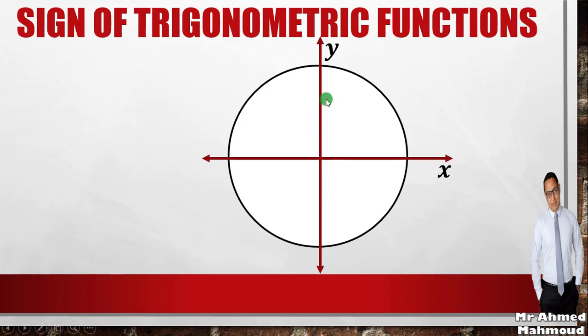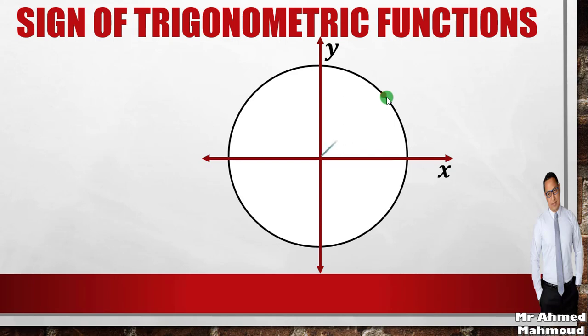The unit circle, as we studied before, is the circle from which we are going to conclude most of the rules of trigonometry. Now if we have a point here, this point belongs to the first quadrant, and this is the second, third, and fourth. Back to the first quadrant. This point, x and y, belongs to the first quadrant.